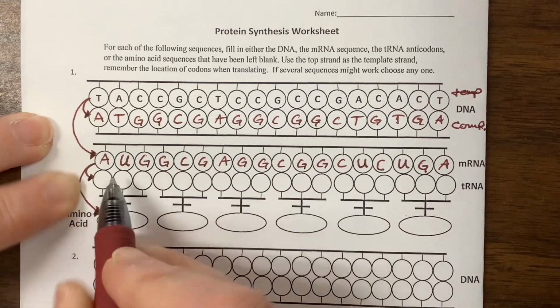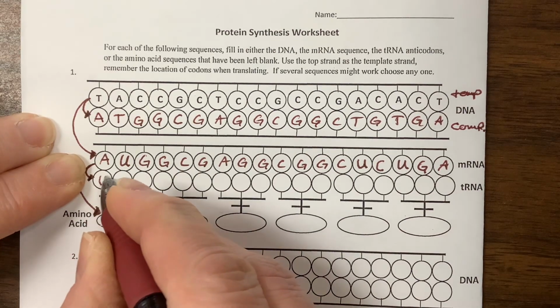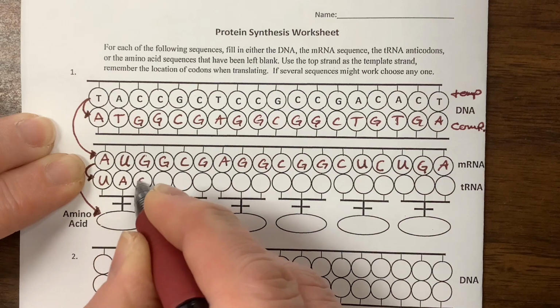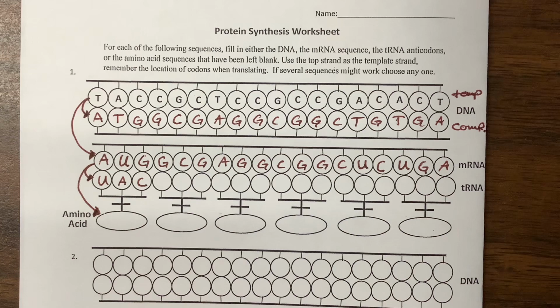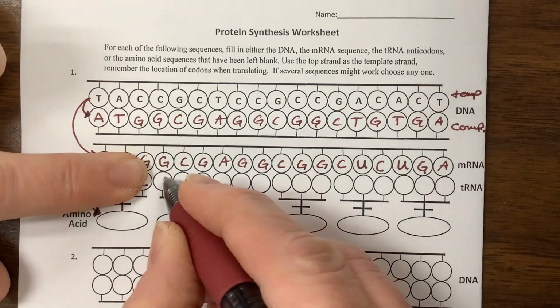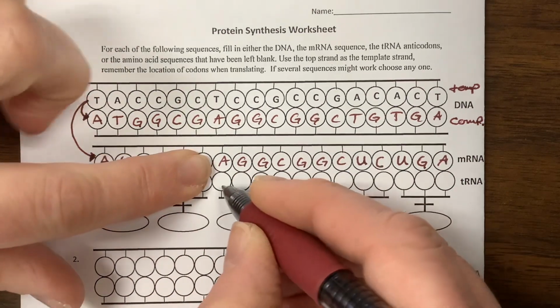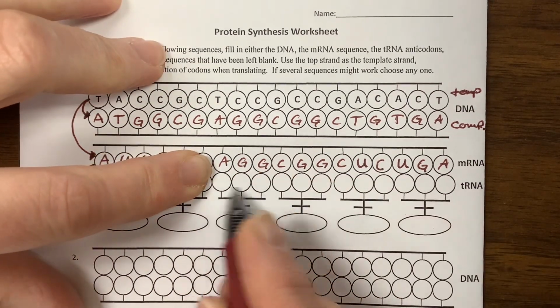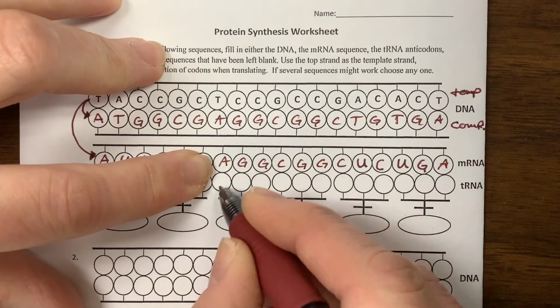So across from the codon AUG, I would have UAC, okay? And I like to take, especially in mRNA, I like to think of them 3 at a time. So the next codon would be CGC, the next anticodon in the tRNA, across from the AGG, which is the codon.